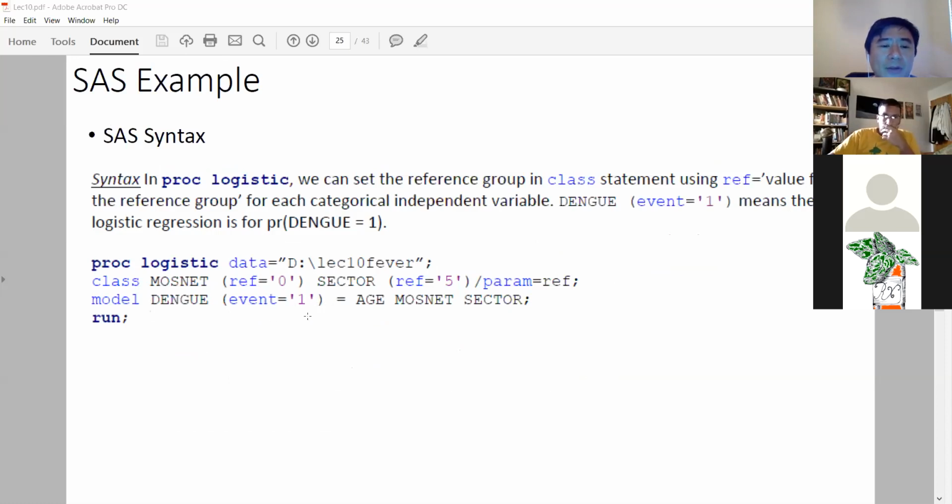You still need to make sure the specification of the outcome is correct, because if the outcome specification is not correct, you may still get a reversed estimate of the odds ratio. So if we don't specify event equal to 1, SAS will automatically use 2 as the event. They always use the largest number as the event.